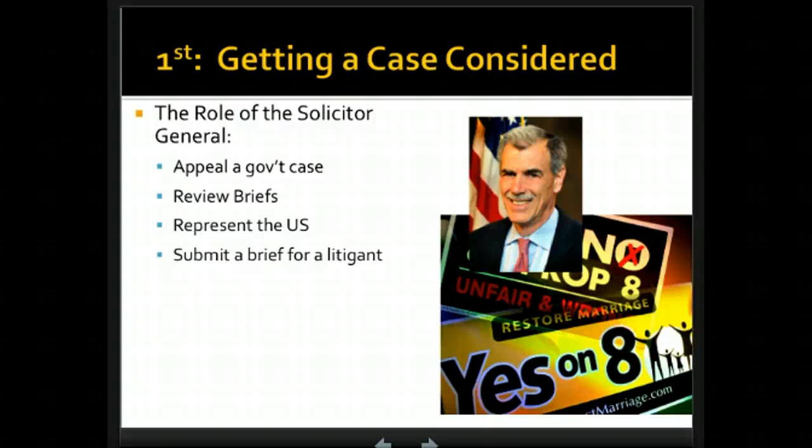First, they decide whether to appeal a case the government has lost in the lower courts to the Supreme Court. Second, they decide to review and modify the briefs presented in government appeals.